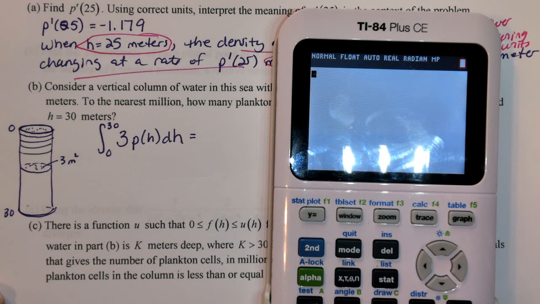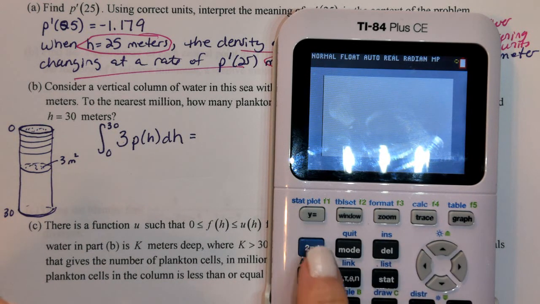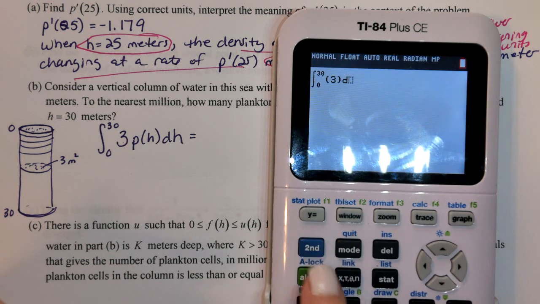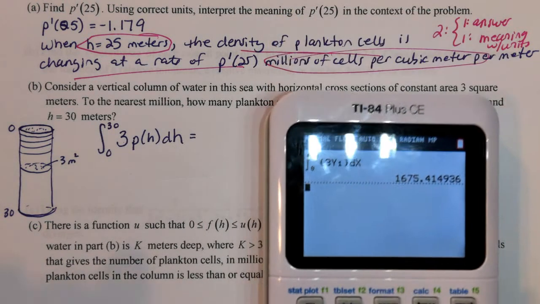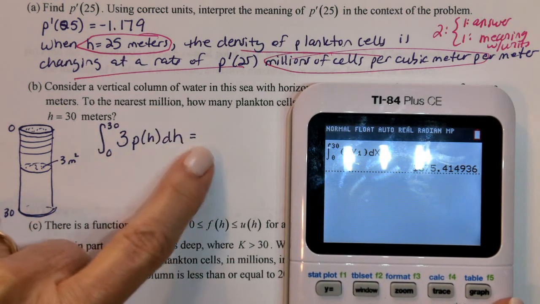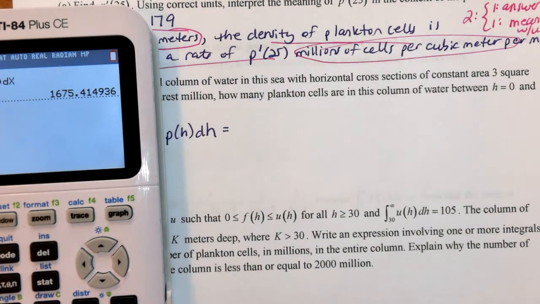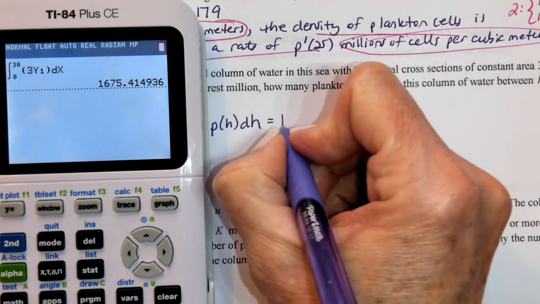So we've got math 9, 0 to 30, 3 times what I have stored in for my Y1. Let me go insert this. Okay, so I get that. So they tell us they want it to the nearest million.